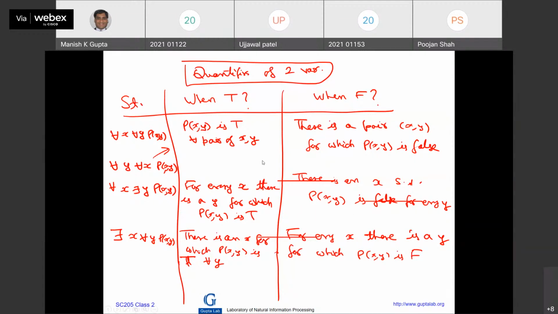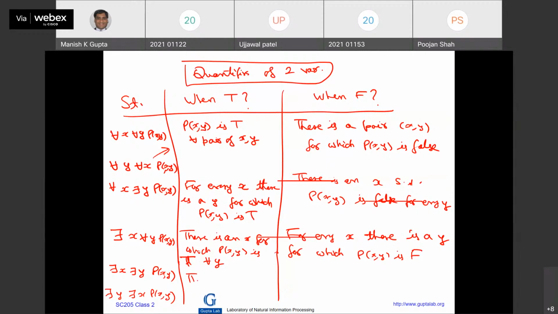And the last one, there exists x, there exists y, P(x,y), or there exists y, there exists x, P(x,y). In both cases, this is true.